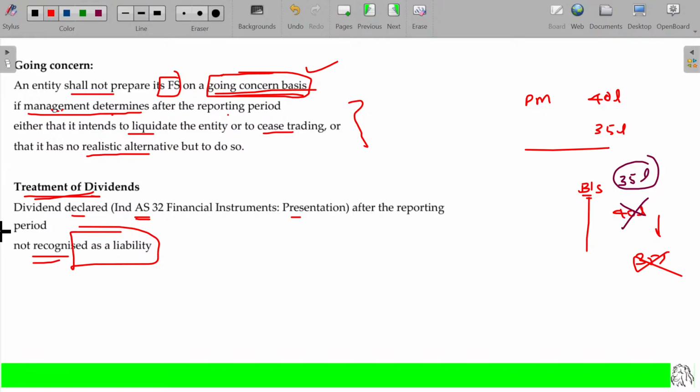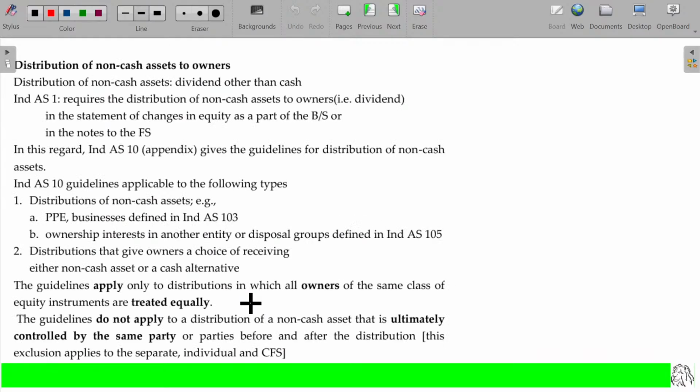If I declare the dividend after the reporting period, it's not an adjusting event in our P&L. I cannot show it in my balance sheet as a proposed dividend, because we declare the dividend only after the reporting date. So it is not required to be adjusted or shown in the balance sheet as a proposed dividend.